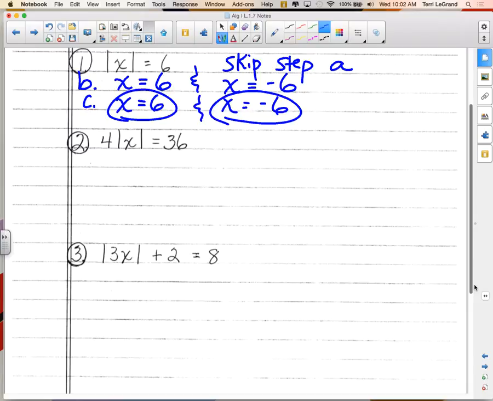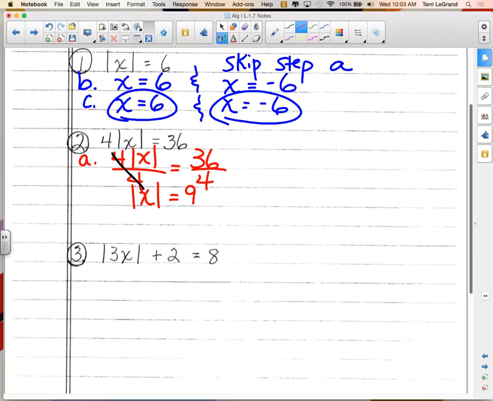So we have to do our step A this time. Step A says, get the absolute value expression by itself. Well, we know to undo multiplying by 4, we have to divide by 4, right? So we're going to end up with the absolute value of x equals what? 9, okay?